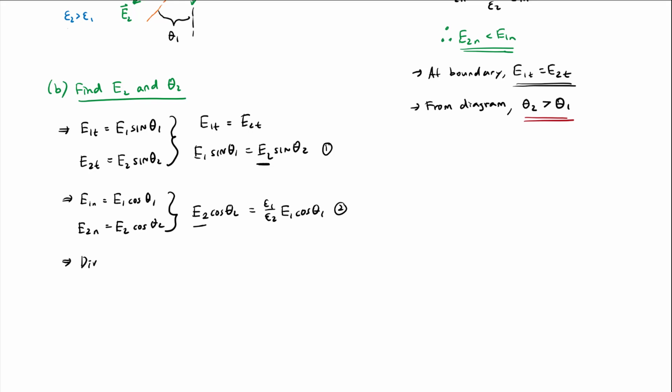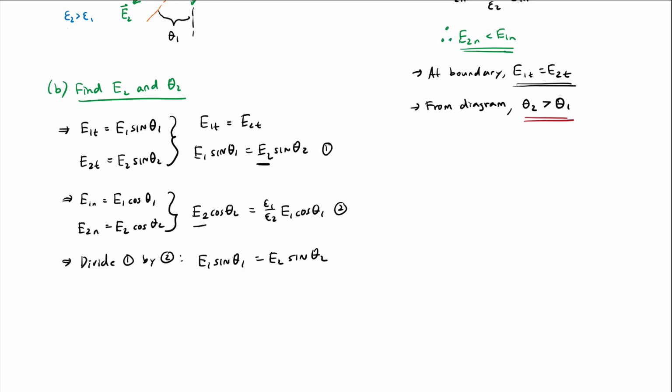So we divide 1 by 2, and that means we have E1 sine theta 1 equals E2 sine theta 2.